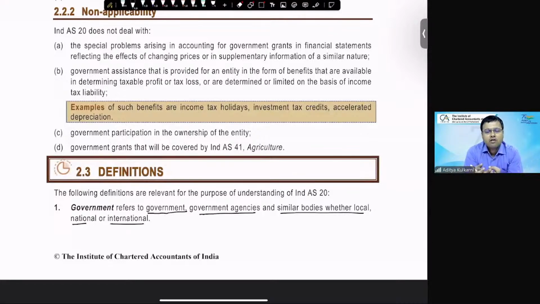It could also include an international body such as the United Nations, UNICEF, the UN Human Rights Commission, etc. So all these also will be covered under the definition of government. It's not confined to only the center or the state. It even goes to the international. So that is the meaning of the government in the ordinary sense of the term.